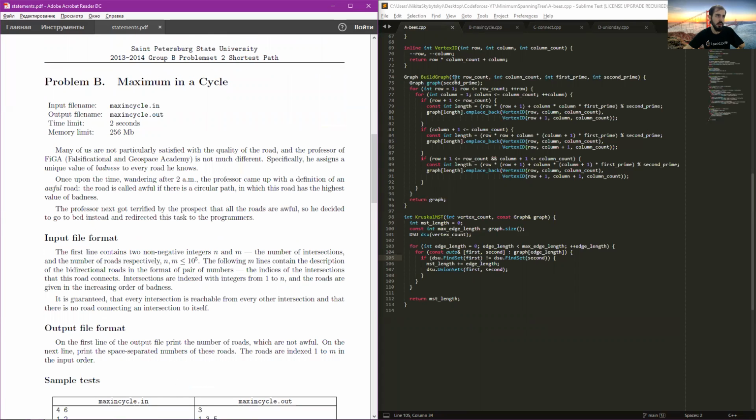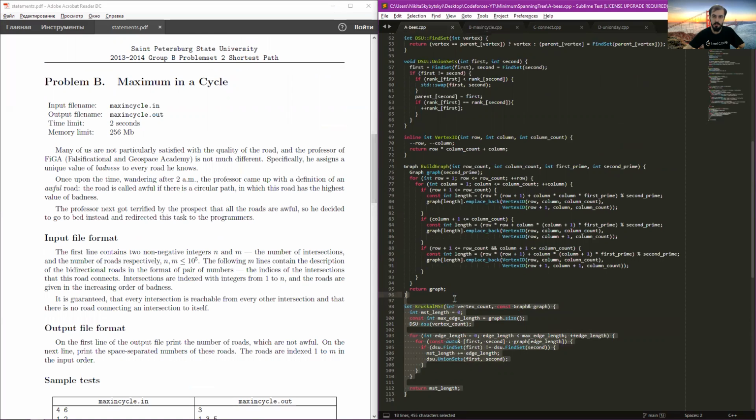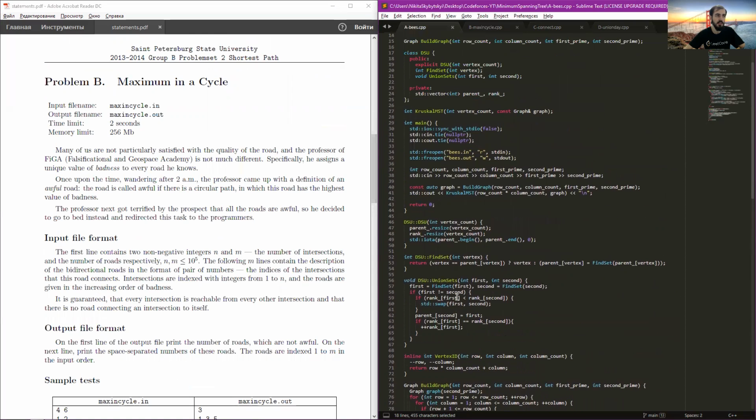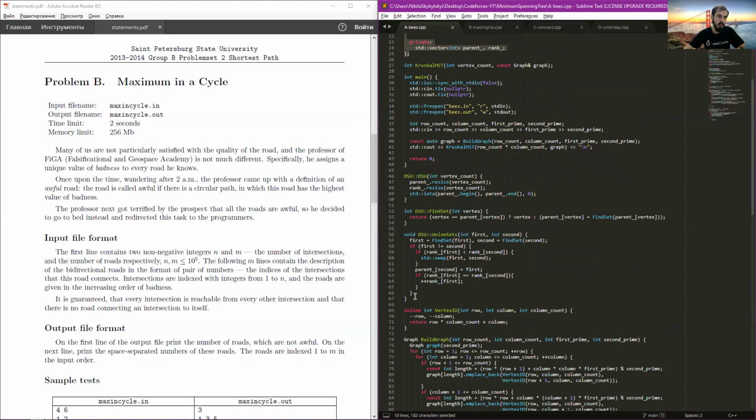Second problem, there's not much to cover. The algorithms are very simple, both of them. So yeah, you just build the graph, run Kruskal, and that's it. Well, also you need disjoint set union, but I believe that you have something like that in your library, or you can always borrow my code.